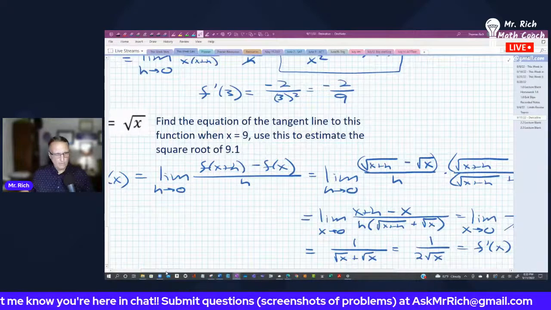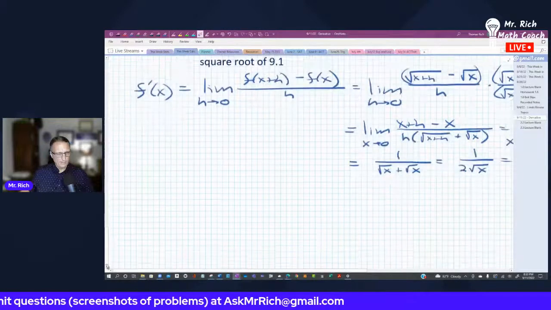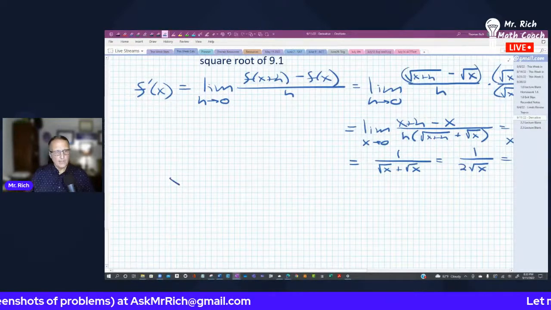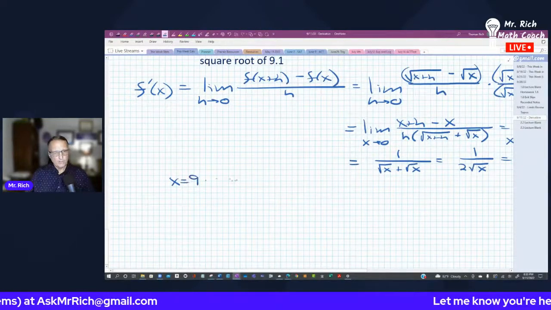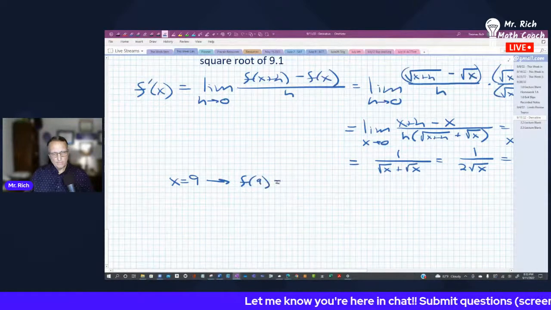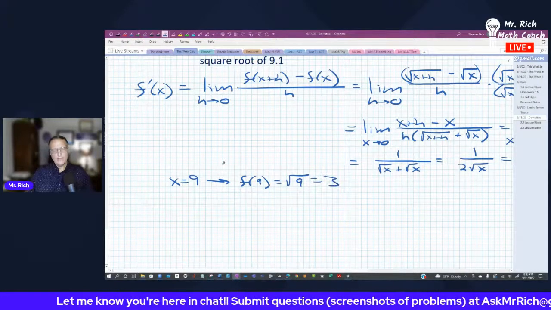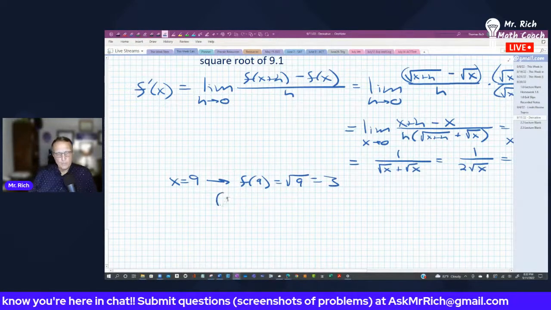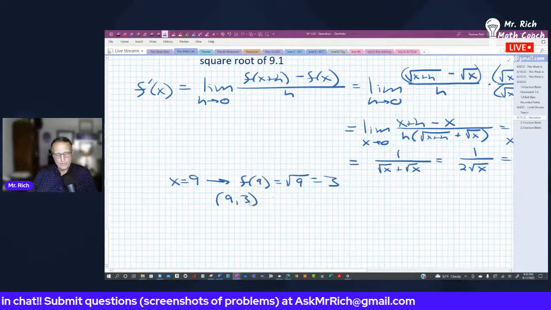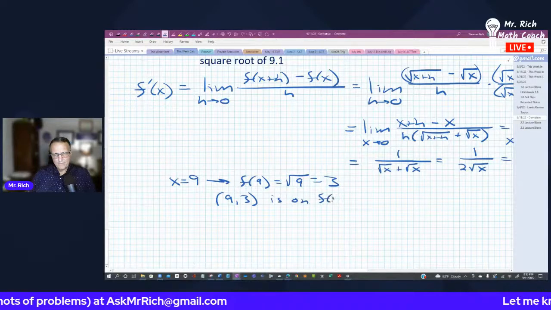When we consider x equals 9 on this function, that means f of 9 is the square root of 9, which is 3. Now, what does that mean? That means there is a point, 9, 3, on f of x.